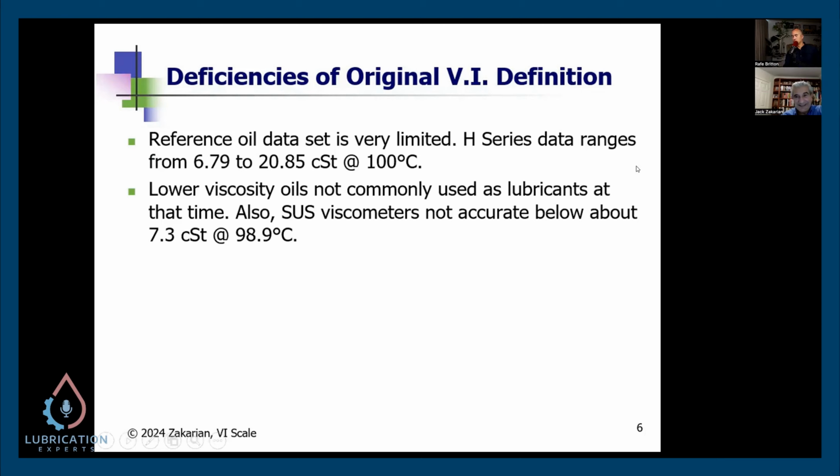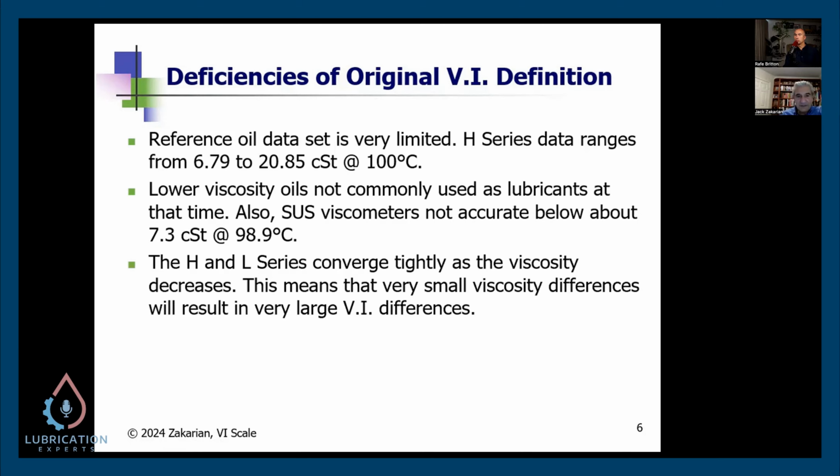One, because they didn't have much additive technology then, and lower vis oils couldn't protect equipment that well. And also, at that time, the Saybolt viscometers were not accurate below about 7 centistokes. And this was because you were dropping oil through a tube and trying to measure it with a stopwatch. And the thinner the oil got, the harder that procedure becomes.